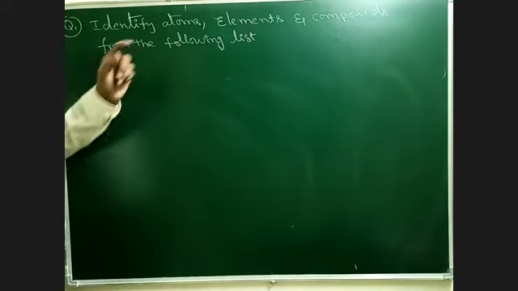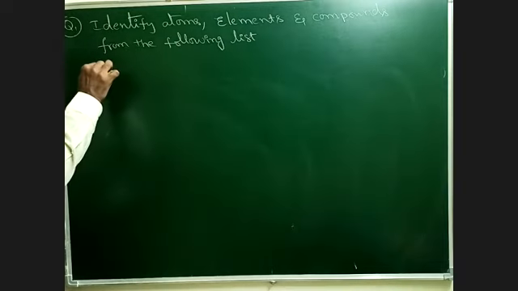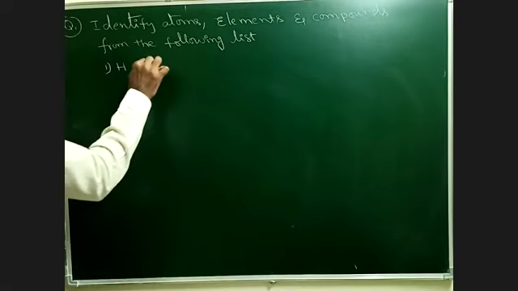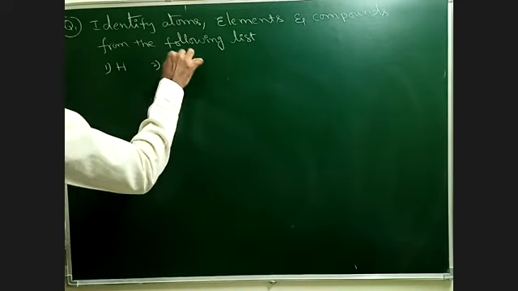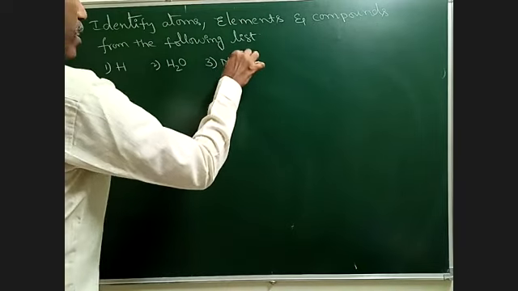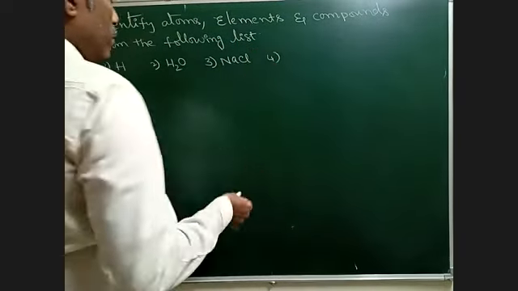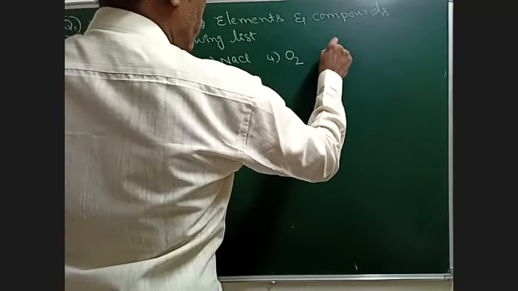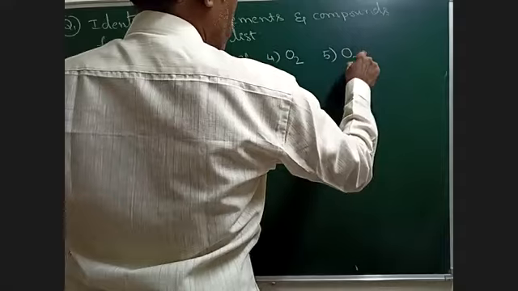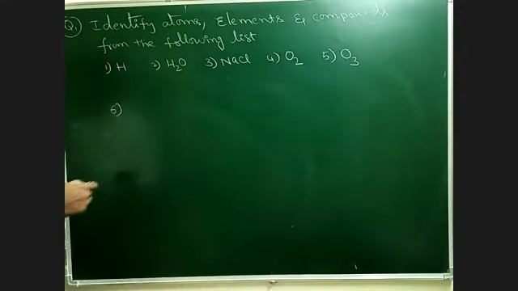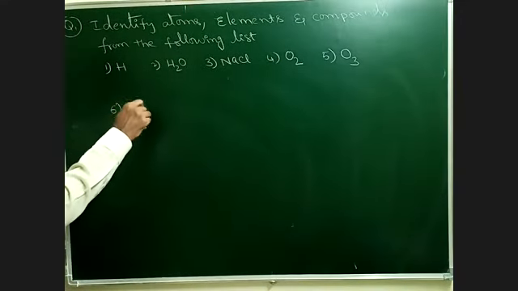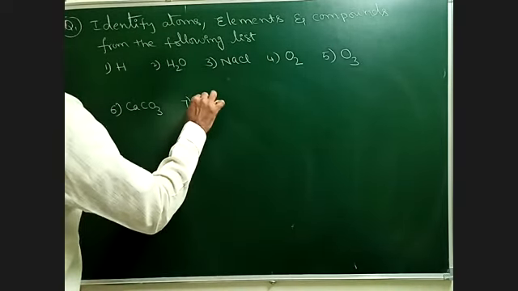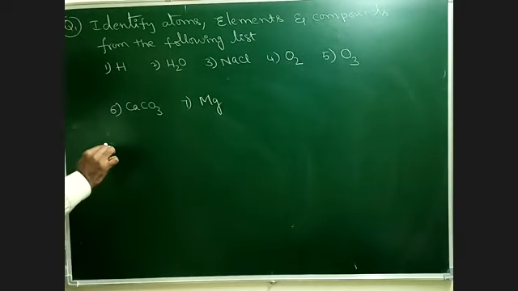Atom means a single species. First one, H. Second one, H2O. Third one, NaCl. Fourth one, O2. Fifth one, O3. Sixth one, CaCO3. Seventh one, Mg. Now let us segregate.